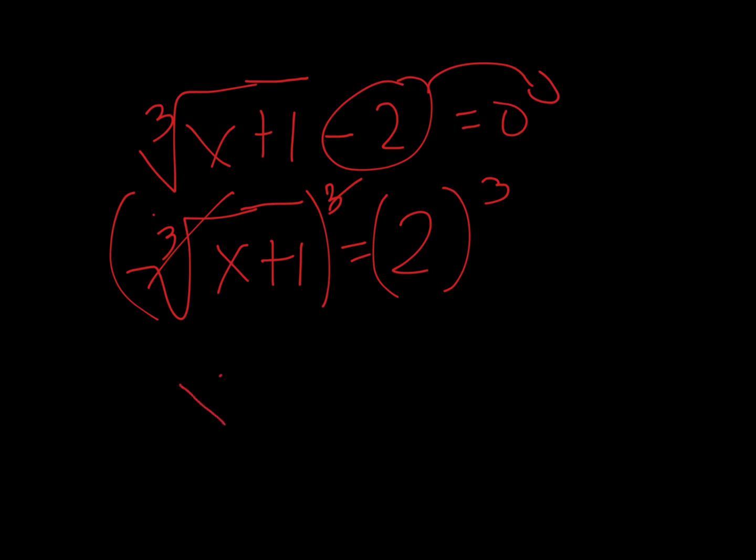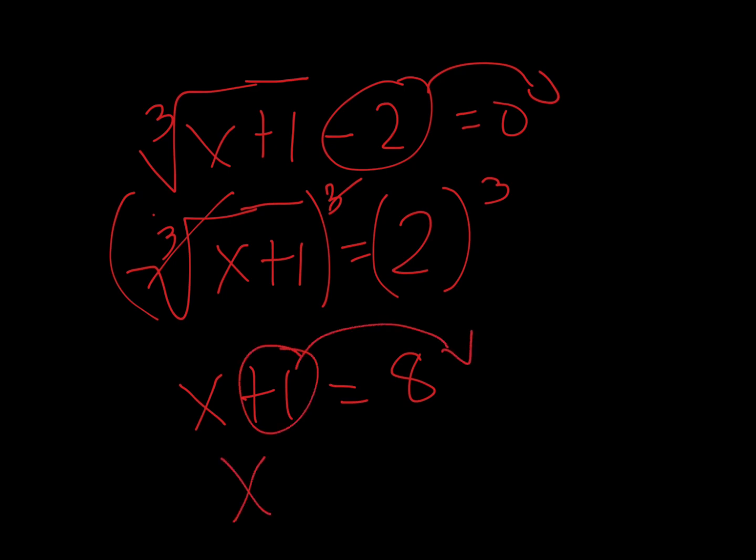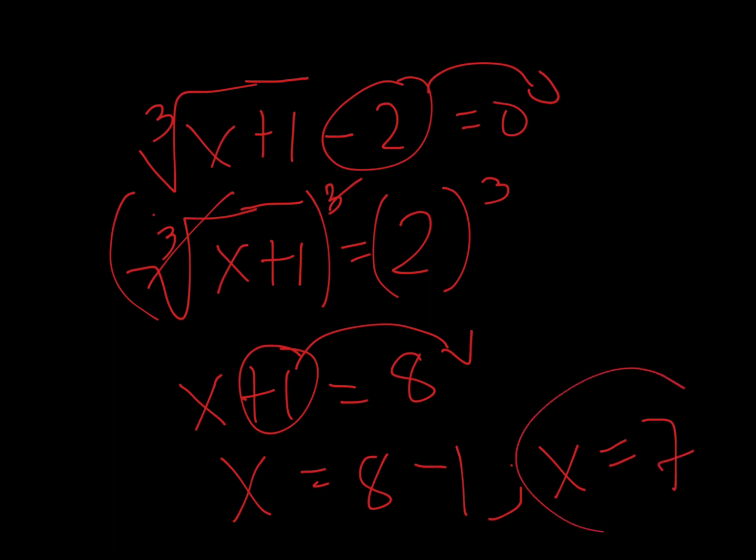Cancel. So x plus 1 is equal to 2 cubed, which is 8. Then simplify. So x, transpose this 1 to the other side, is equal to 8 minus 1. Therefore, our x is equal to 7.